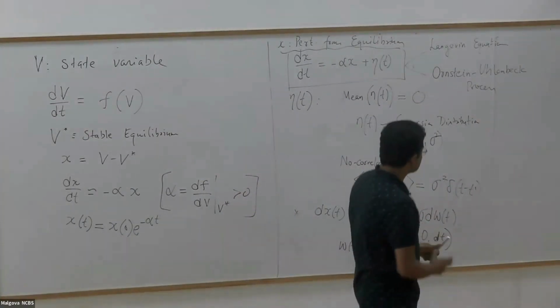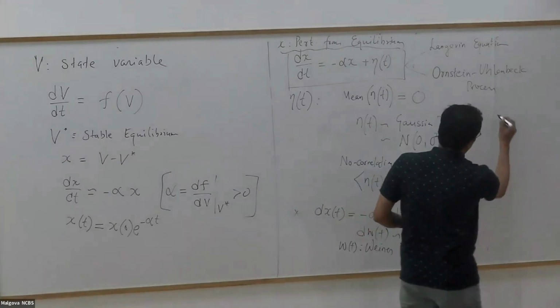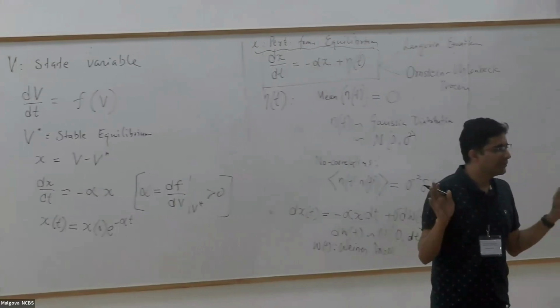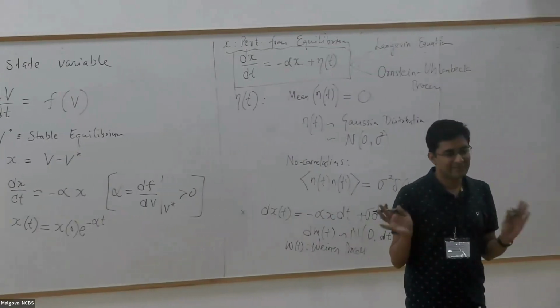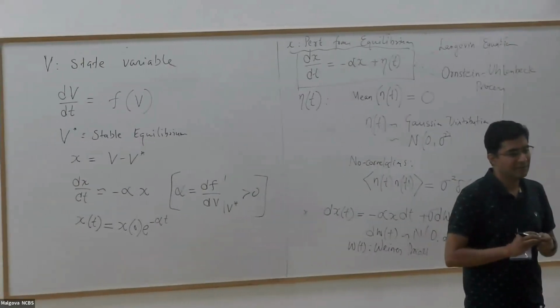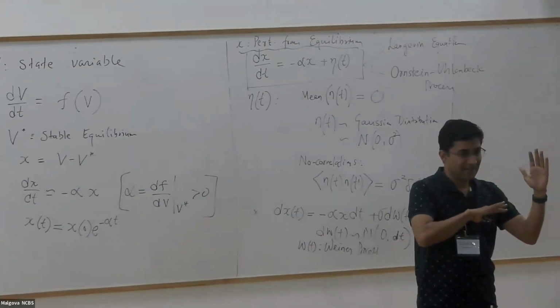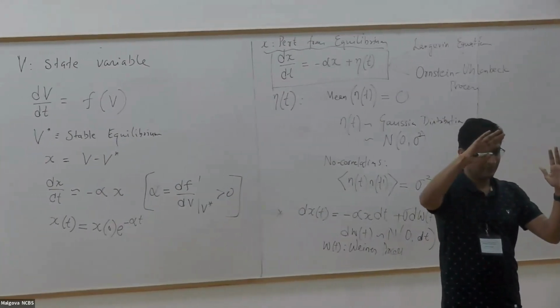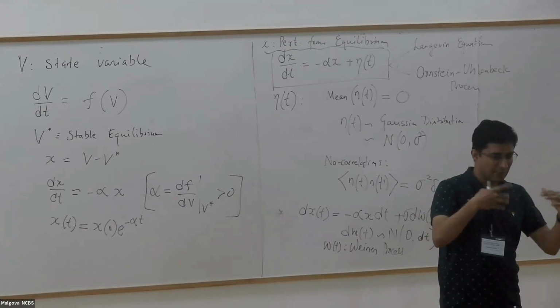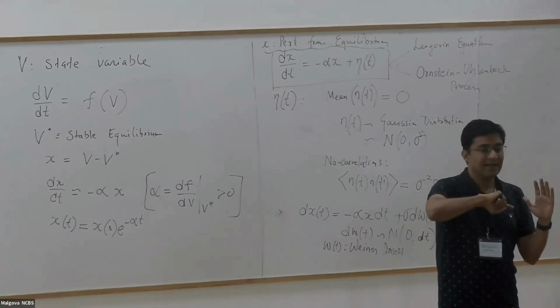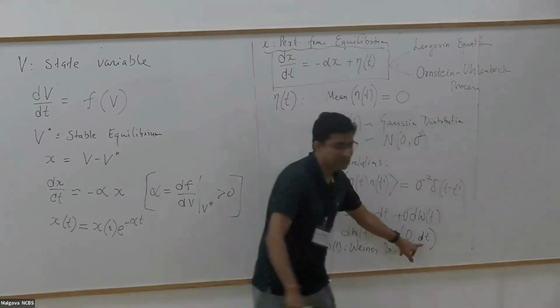And basically this relates to a fact, if you don't know this, it's okay. How many of you know that the Brownian motion has a very interesting mean square displacement? What is it? The mean square displacement, the square of the displacement, is proportional to the time. The square of the displacement is like the variance from the initial point, right? So that scales with time. That's precisely what this is doing.